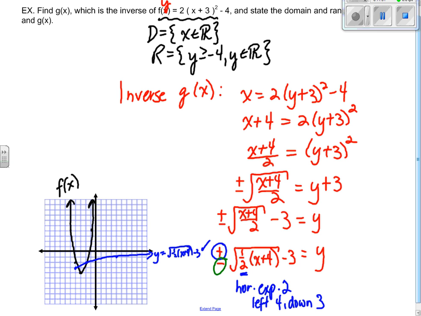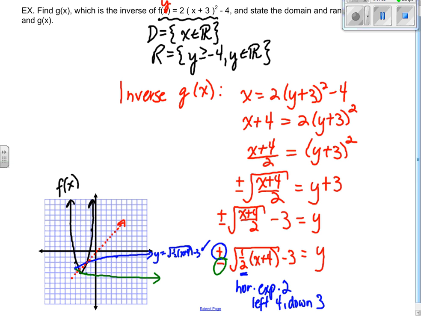It would be what I have drawn before, but downwards. And that upper and lower arm together should look like a reflection across the line y equals x. The two parts together are not a function.